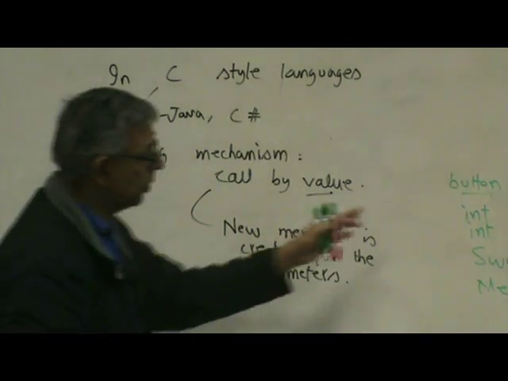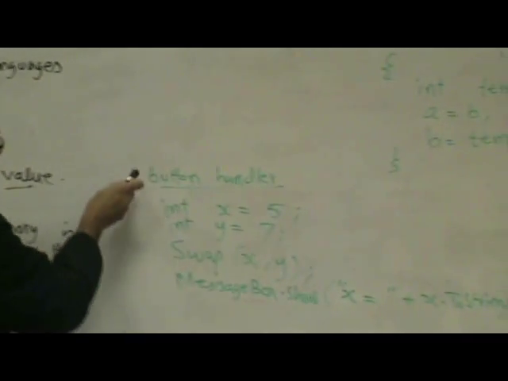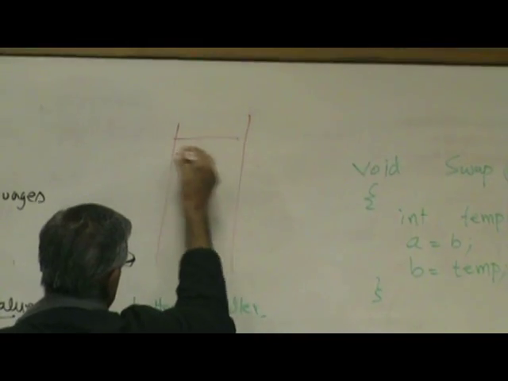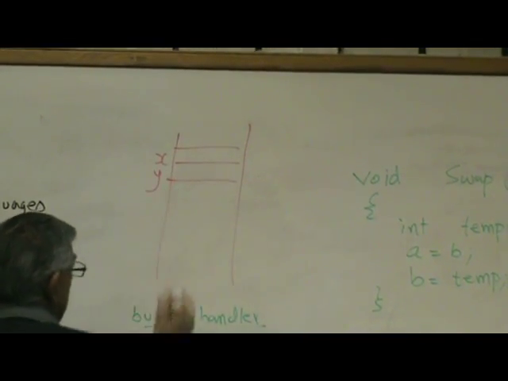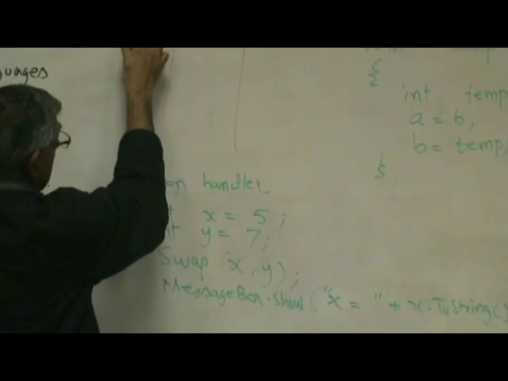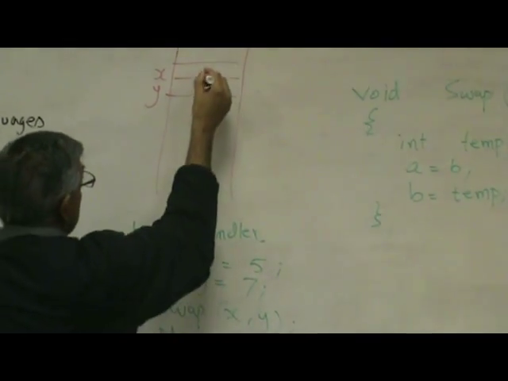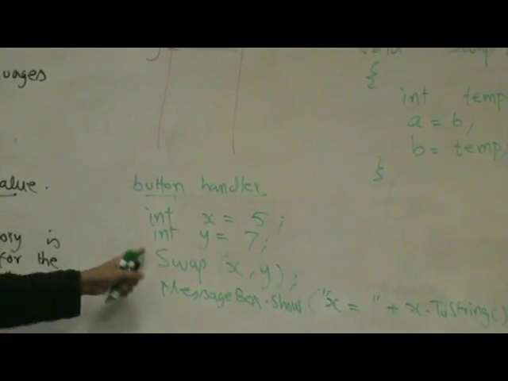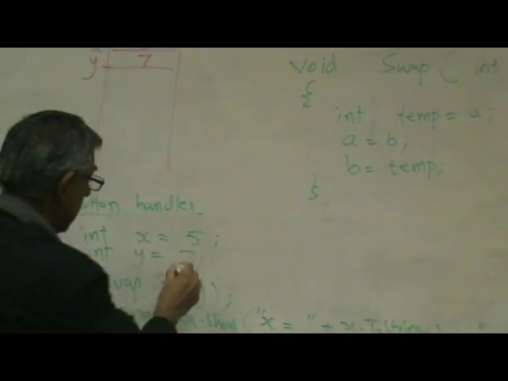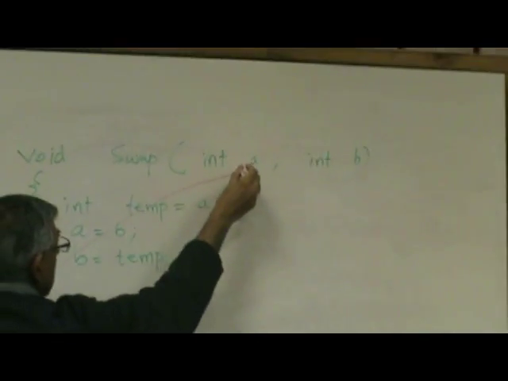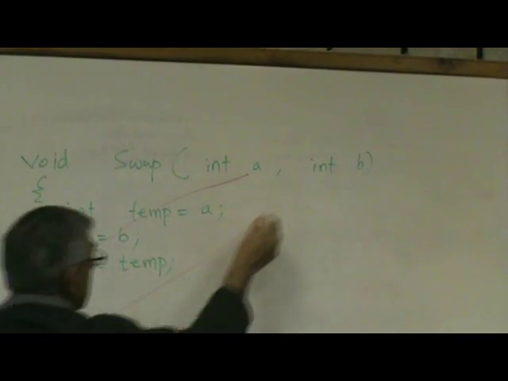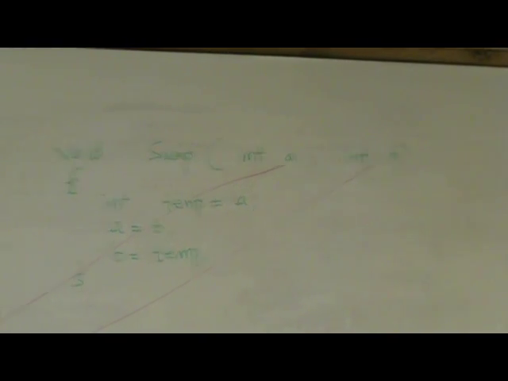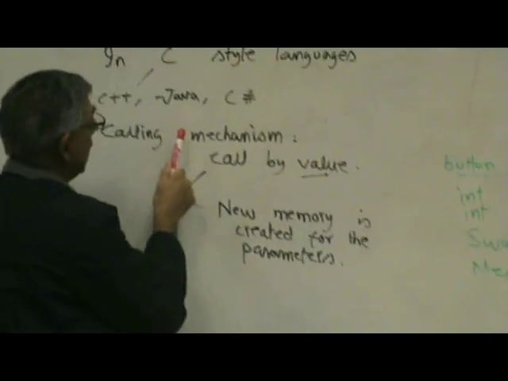To show you this, if we click on the button, suppose this is the memory of the computer. There's X, there's Y. The computer will allocate memory for X and memory for Y, and store 5 over there, 7 over there. Now it calls the function. X corresponds to A, Y corresponds to B, so there's a one-to-one correspondence. This is the default mechanism.